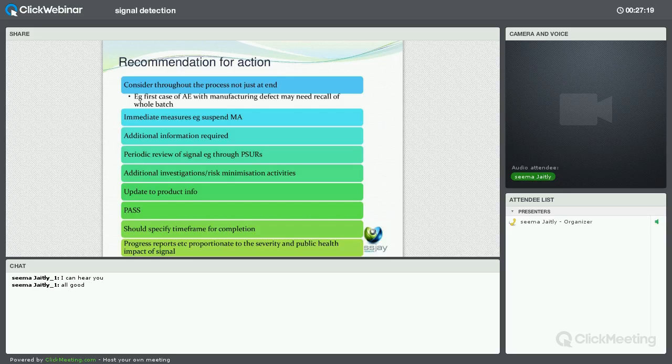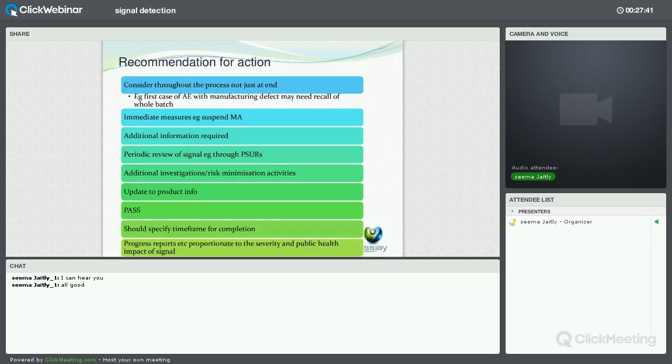So say if there is an important identified risk and you decide that you need some educational materials, that would need to be discussed here. Update to the product info. If it's an identified risk, important or non-important, that means you know that there's a causal association and you're going to update your product info. You're going to add it to the label.